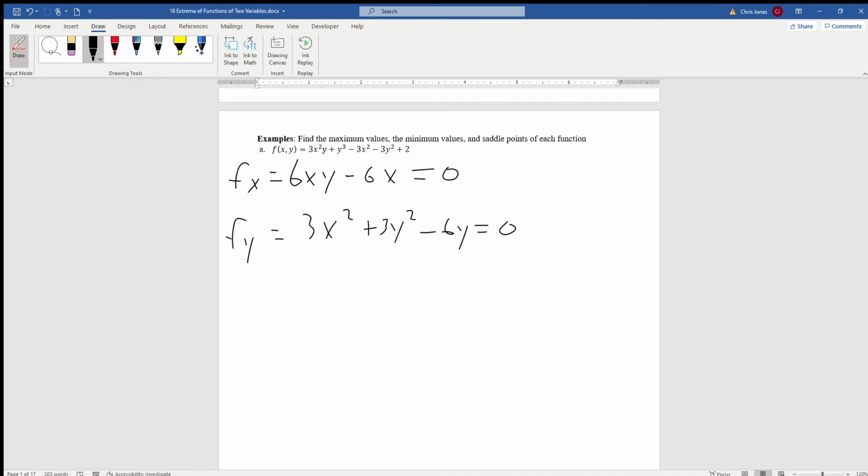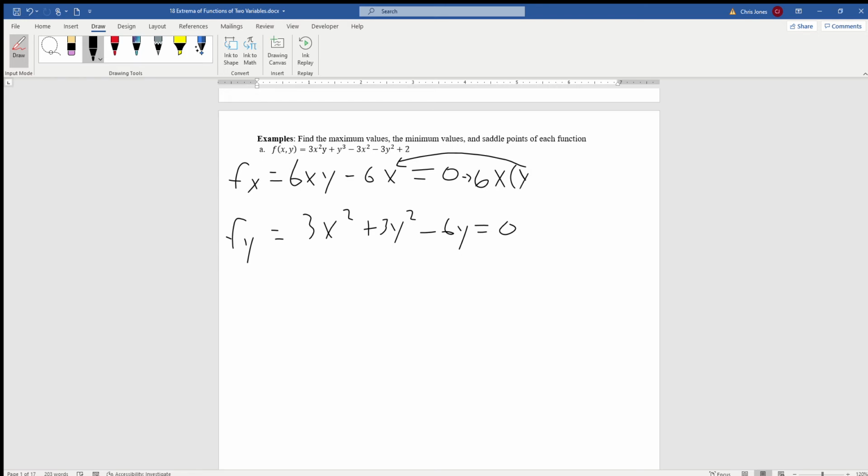Now, how do we solve this? Well, we could use substitution, and we might be able to solve for y. But I think a little bit easier way might be to take a look at the first equation, because this one's pretty easy to solve. Let's factor out 6x.